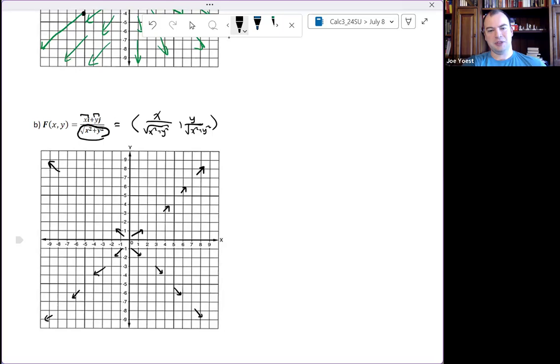So we actually get basically the same picture we had above, but just all our vectors are the same length. And so on. I only have one more quadrant to do. I'll just fill it in really quickly. Okay.